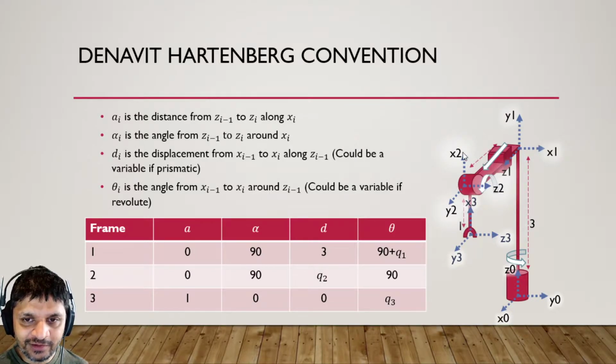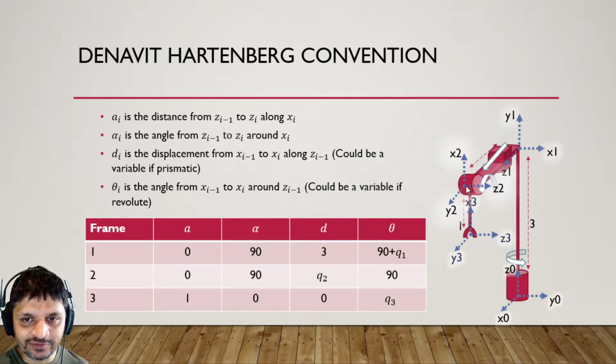And other than that, these axes actually align. Okay, so let's do this. Alpha i is the angle around xi to make the z's align, right? But if we look at the z's, they're already aligned. So we don't have to do anything, right? It's already aligned, so the rotation around x is 0.